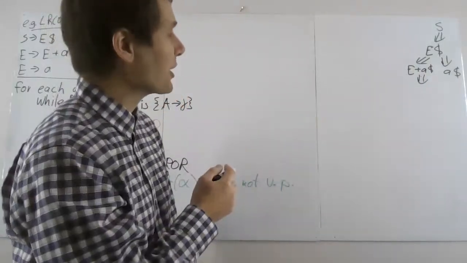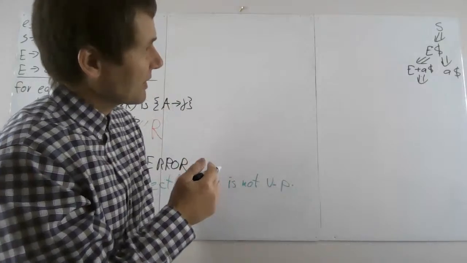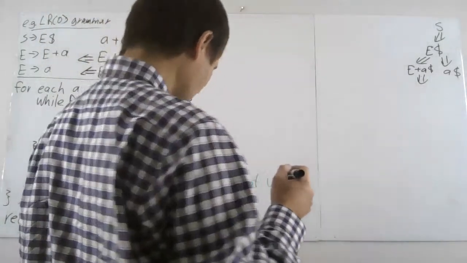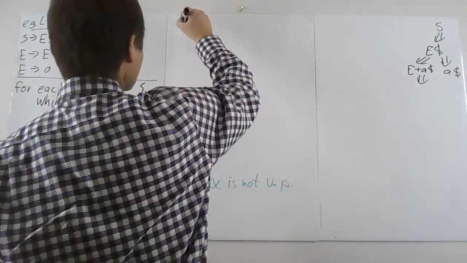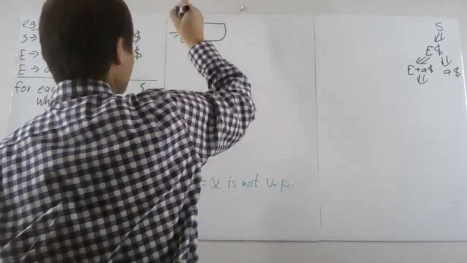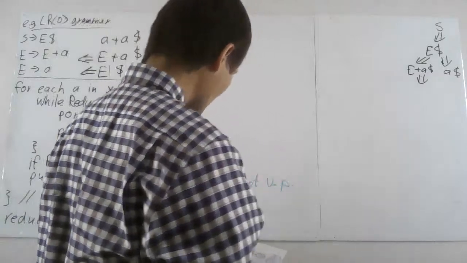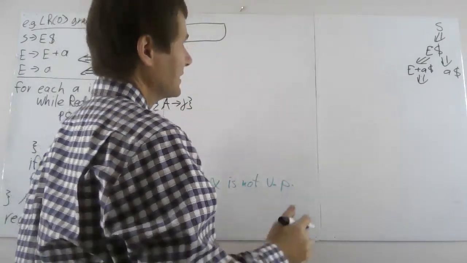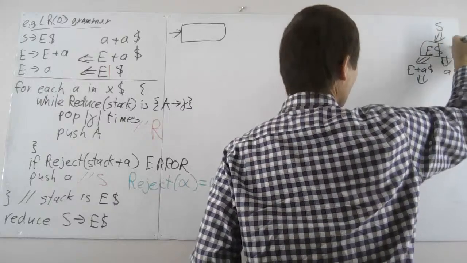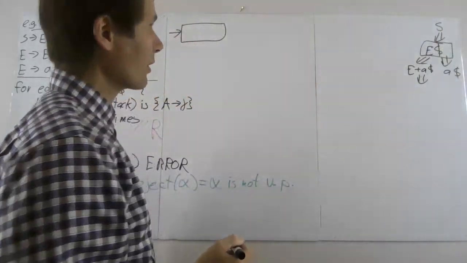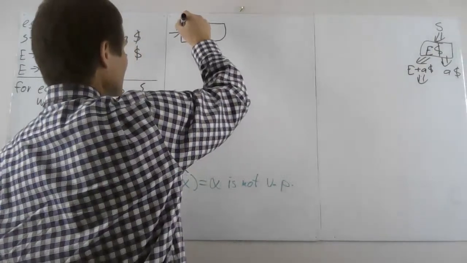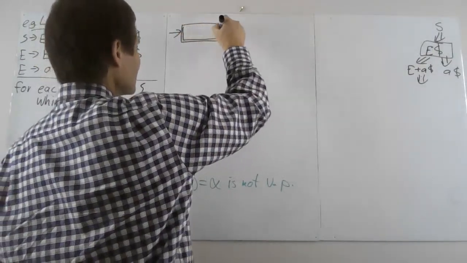Okay, and so I want to do an NFA for these. So let's do an NFA. I'm going to have a start state for my NFA, and I'm going to skip the S part. I'm going to focus on E $. So I want every prefix of E $ to be accepted by this NFA.